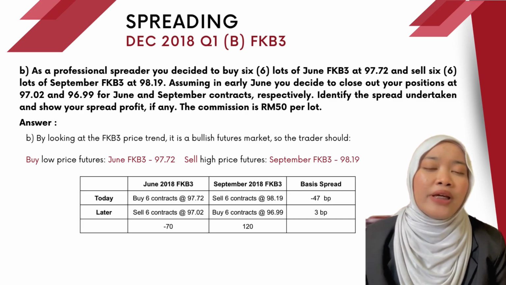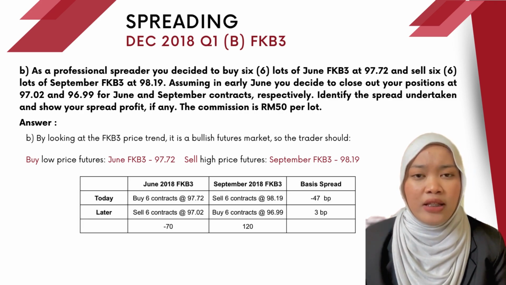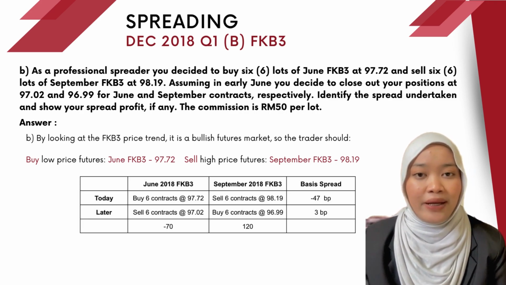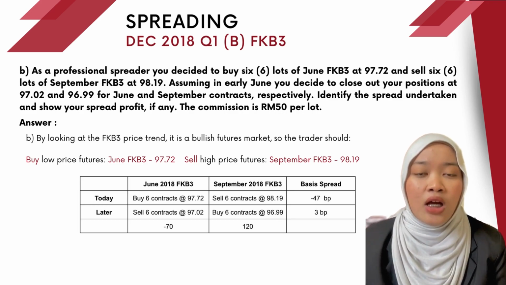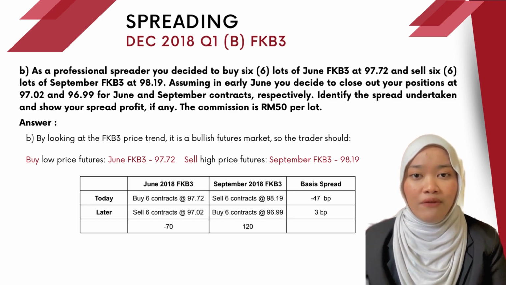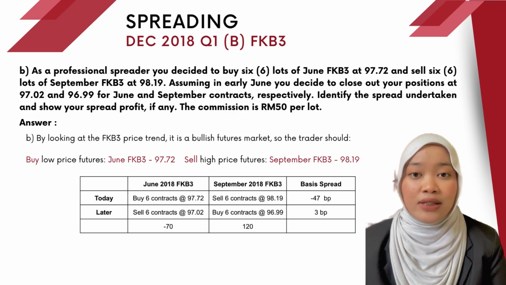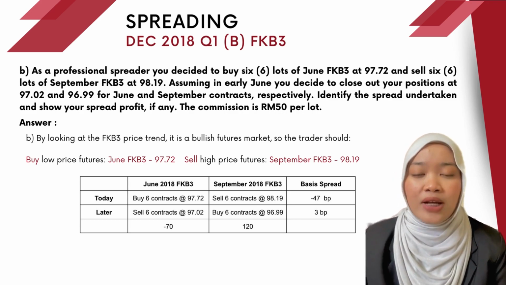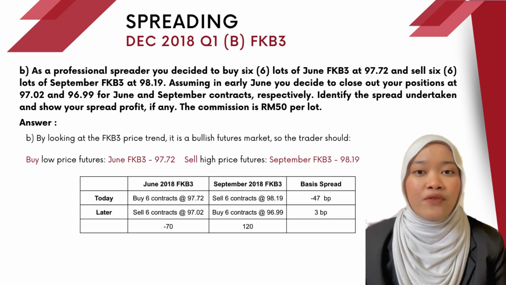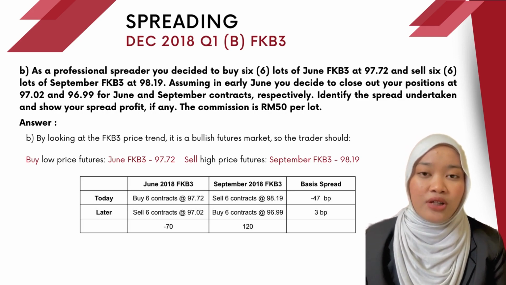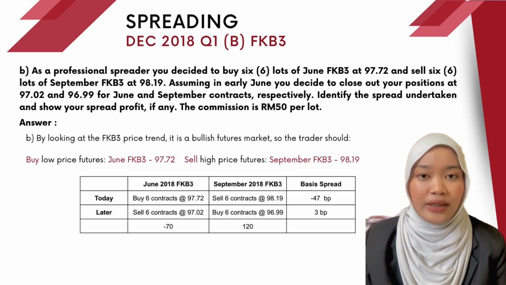By looking at the FKB3 price trend, it shows a bullish futures market. So the trader should buy low-priced futures on the June FKB3 contract at 97.72 and sell high-priced futures on the September FKB3 contract at 98.19.